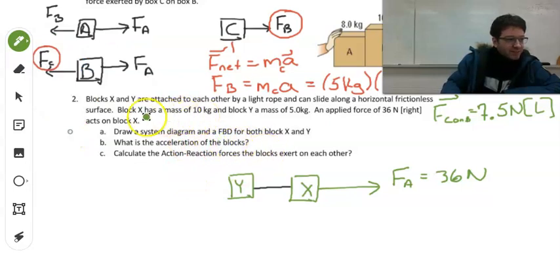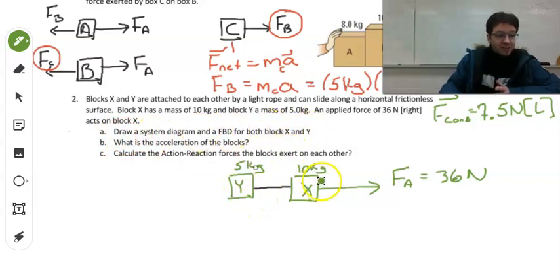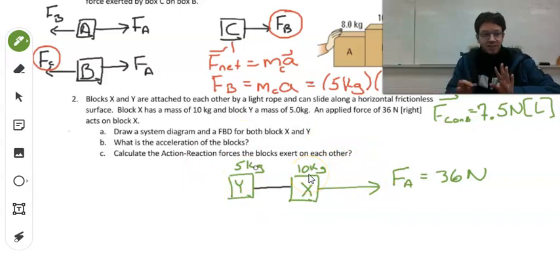And we know the mass of block X is 10 kilograms, and block Y is 5 kilograms. Draw a system diagram. So that's what I did. A system diagram is just a diagram showing everything that we care about in this problem.